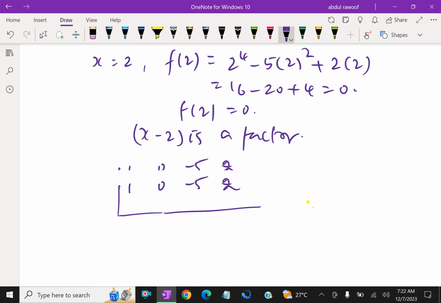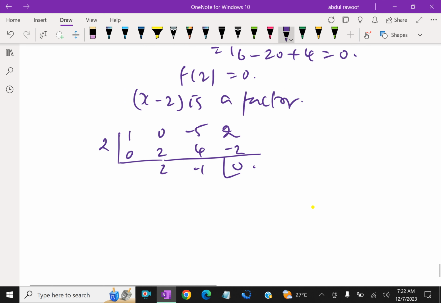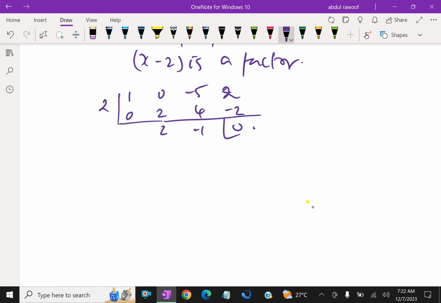Then x minus 2 is a factor, so you can put 2 here. 2 into 0 is 2, adding is 2, 2 into 2 is 4, minus 5 plus 4 is minus 1, minus 2, and the remainder is 0. Therefore, the other factor is 2x square minus x.